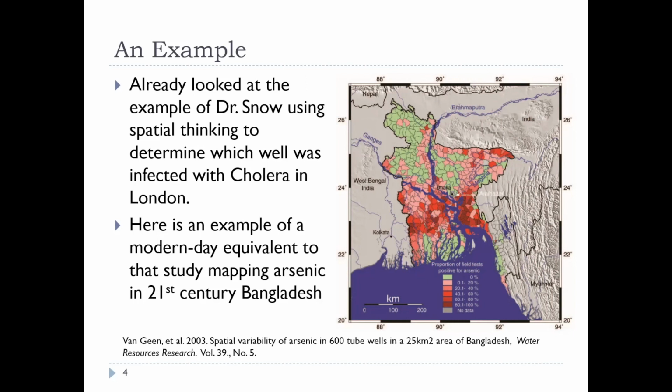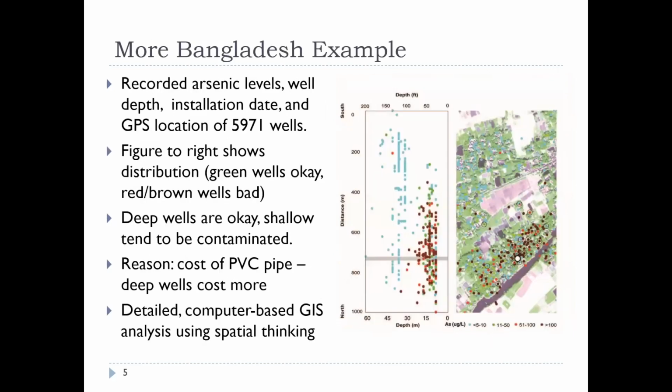And this is for Bangladesh, and they're looking at arsenic mapping, which again would cause the same kinds of issues to some extent as the cholera epidemic did in London.